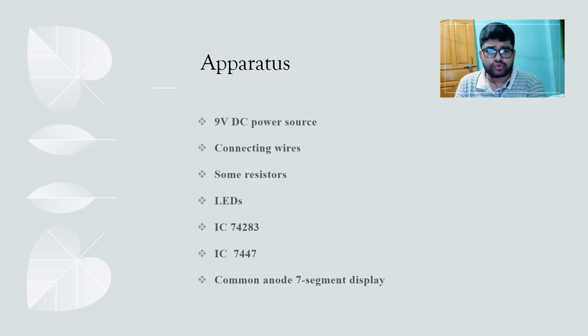Additionally, we have a common anode 7-segment display, which will serve as the visual output for our voting system. Together, these components form the backbone of our innovative approach to the voting system.